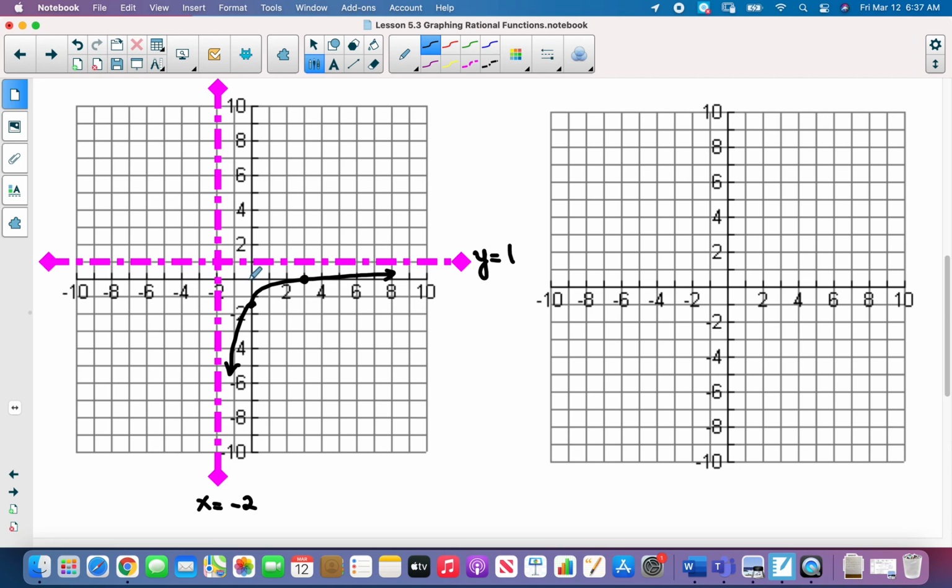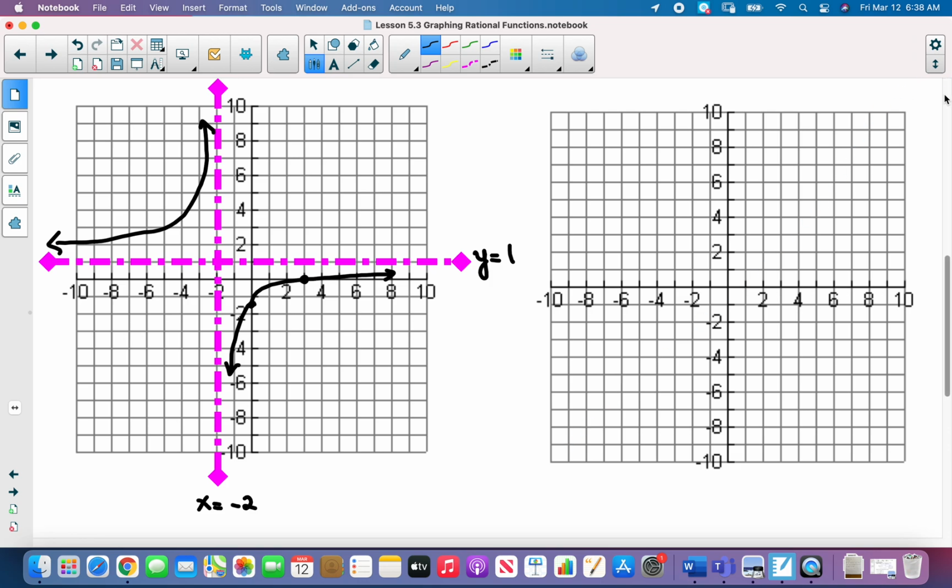And then it's positive from 3 to infinity, and also -infinity to -2. So it's going to be above the x-axis on this side also. This is how the function will be on this side.